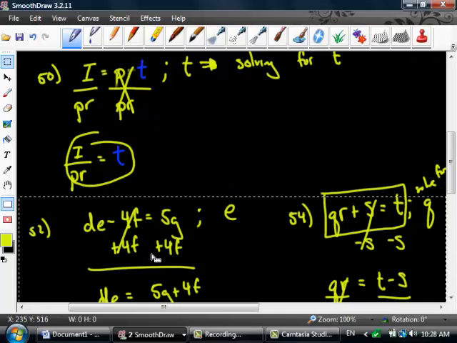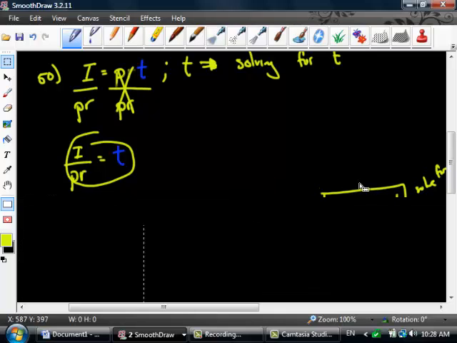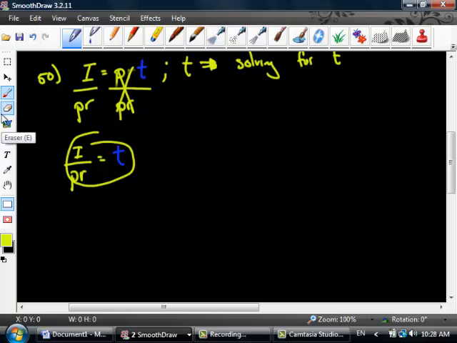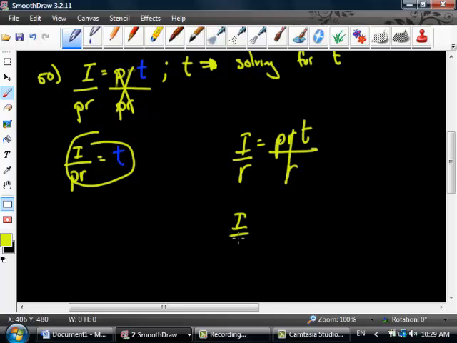Nate had a good question. Do you always divide by both P and R at the same time? That's kind of a shortcut. So if we do this problem one more time, I equals PRT. If you divide both sides by, say, R first, then you're going to get I over R equals PT, right?